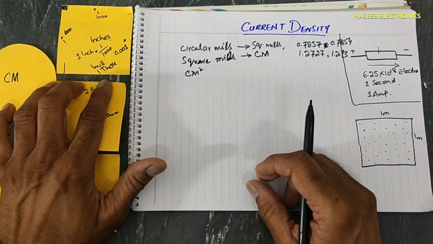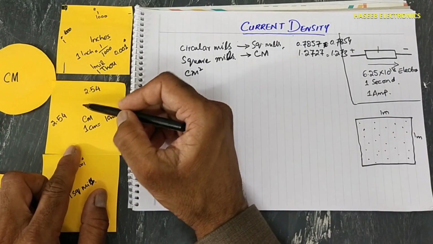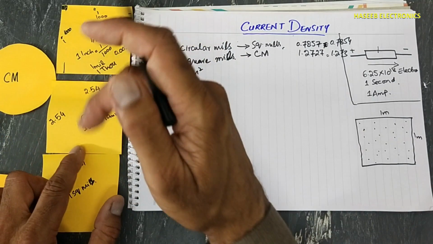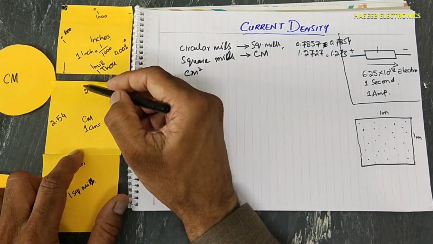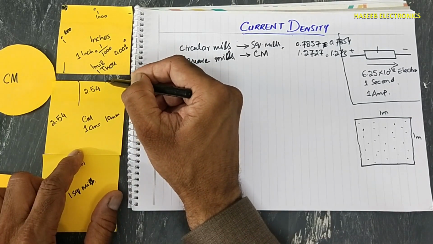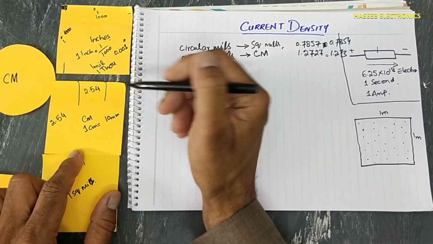Now we will see centimeter squares. 2.54 centimeter is equal to 1 inch. If we divide this area, here is 1 centimeter, 2 centimeter and 0.54.